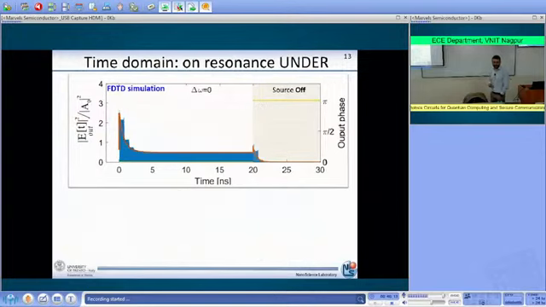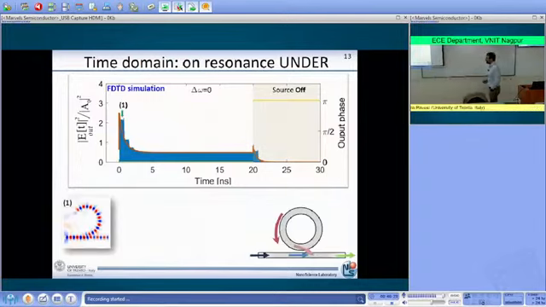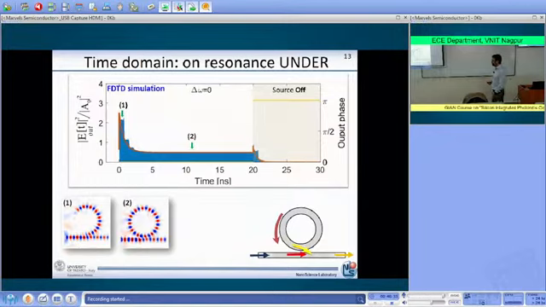And now let us see what happens in the case when we are in an under-coupling condition. So we are coupling less power than what is lost by the microring resonator. At the start, the light is inserted, so our optical fields start to travel inside the microring resonator, and then after a round trip, we again get interference between the light that is traveling inside the microring resonator and the light that is coming by the bus waveguide.